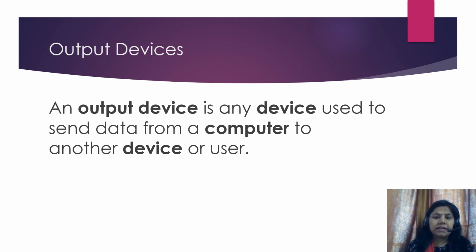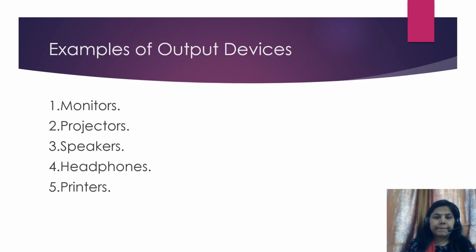So what are output devices? An output device is any device used to send data from the computer to another device or the user. Next are the examples of output devices. The examples are monitors, projector, speakers, headphones and printer.